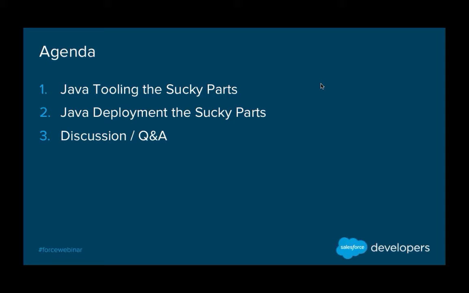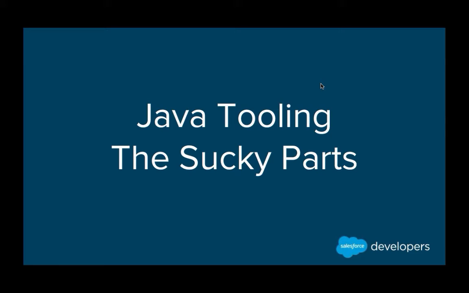It's called Java the Sucky Parts. I'm going to be talking about parts of the Java tooling ecosystem that could be better and ways we can make it better. Then Joe will talk about Java deployment, the sucky parts, and then we'll do that extended discussion in Q&A. So that's our agenda for today. Let me dive into Java tooling, the sucky parts.